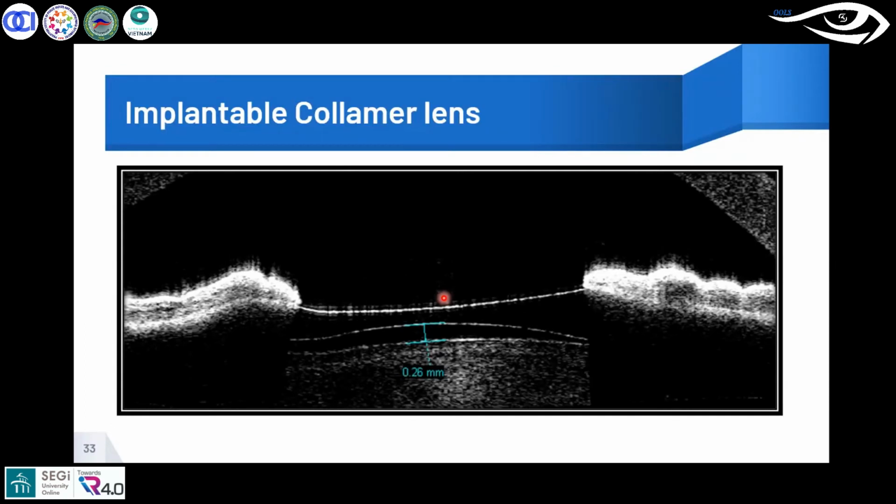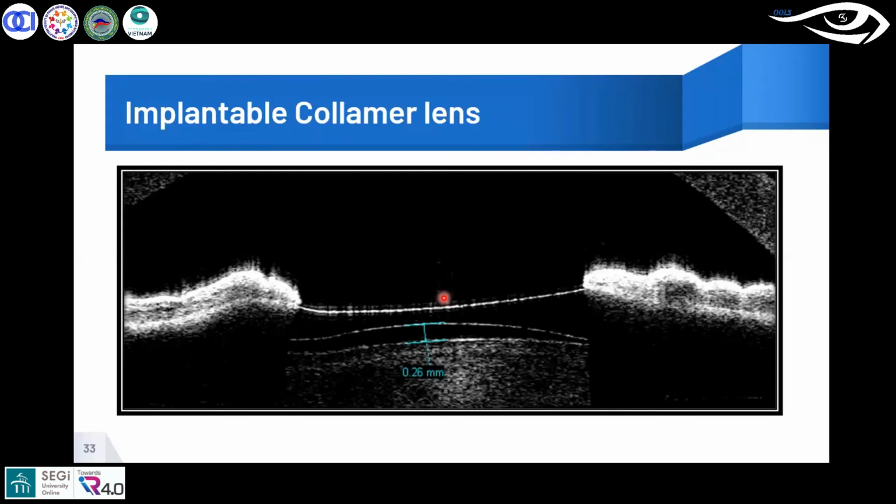There is a set standard for each age group, but specifically it is contraindicated when the cell density is less than 2000 cells per millimeter square. The anterior chamber depth is the distance between the corneal endothelium and the anterior surface of the crystalline lens.